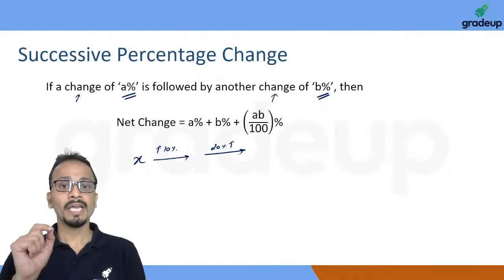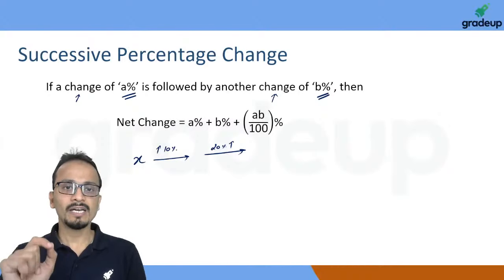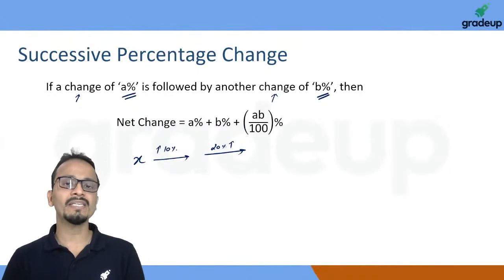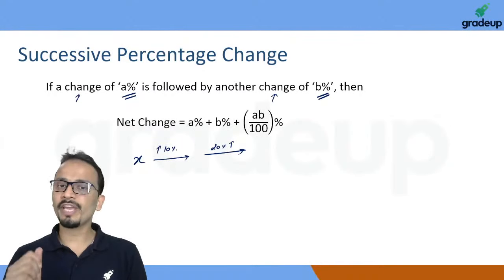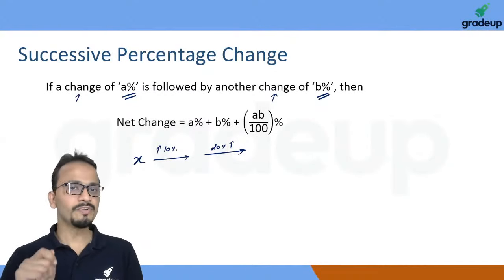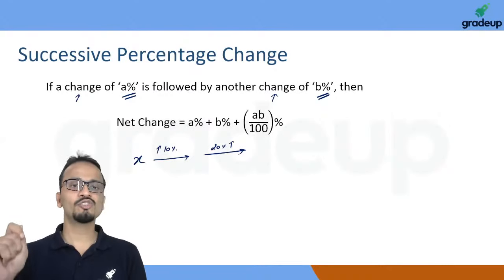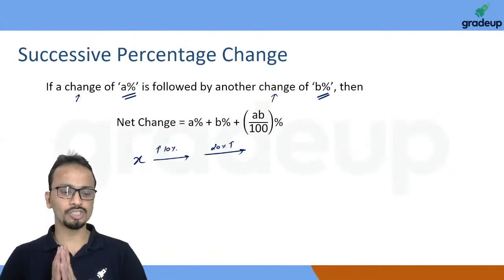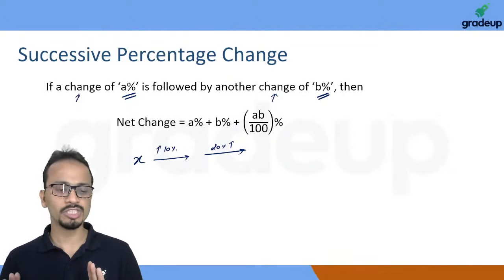If A is an increase, the value of A will be positive. If A is a decrease, its value will be negative. That is just one small thing we need to take care about.